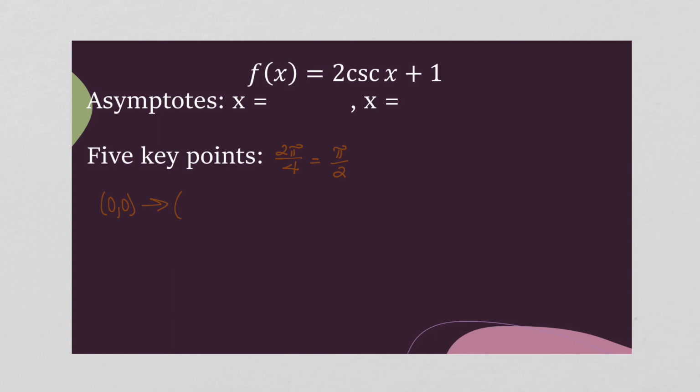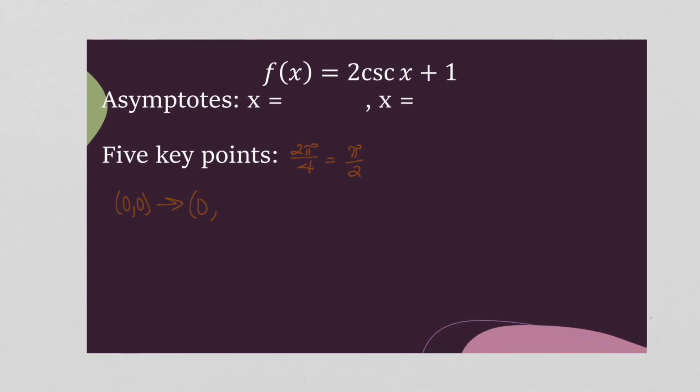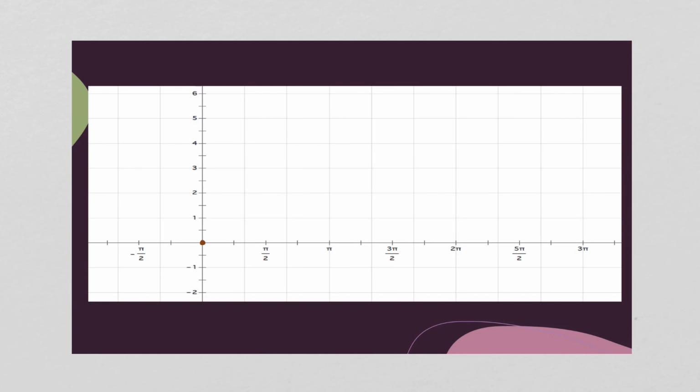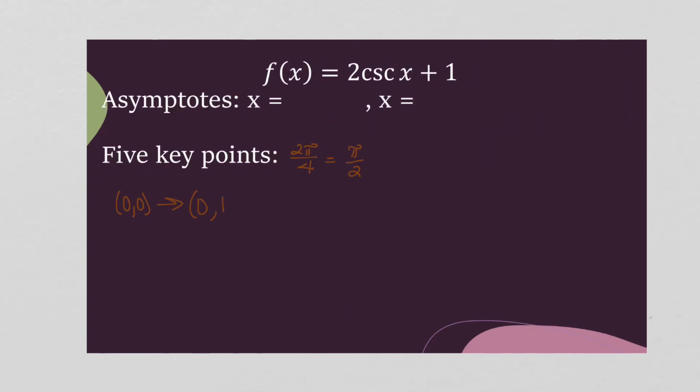And there's no phase shift, so the x value is still going to be 0. But we've gone up 1, right? So we would be at 0, 0, but there's a vertical shift taking us up 1. So our first point is at 0, 1. The second point for sine would normally be at pi over 2, 1.